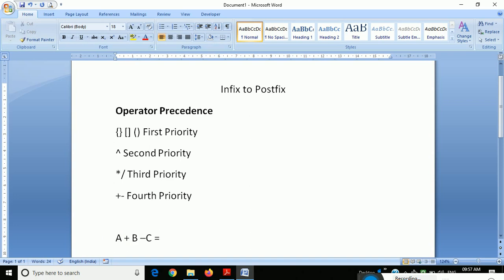We can use the stack, or else you can do it directly, but using the stack is more helpful, for your understanding as well as if you solve in an exam. It is the easiest method. By seeing the table you may feel it is difficult, but understanding is the main thing here.